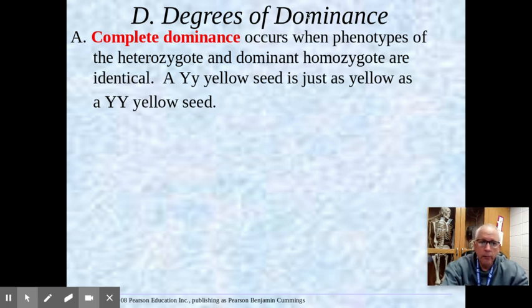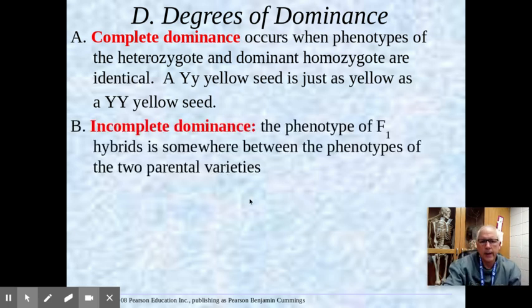However, we don't know when it's a heterozygous which one a person is. We did some Punnett squares like that where we didn't know the one parent, and we had to look at the offspring to see if he was homozygous or heterozygous. It doesn't mean one's more yellow than the other or one's taller than the other. They exhibit the same phenotype.